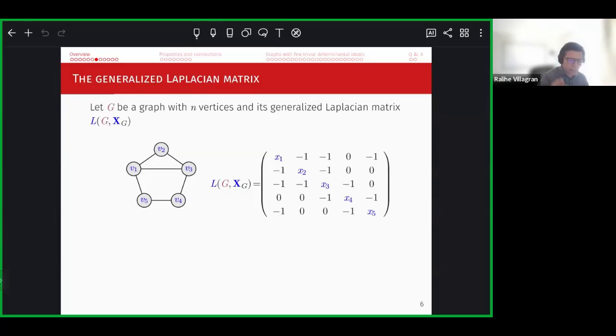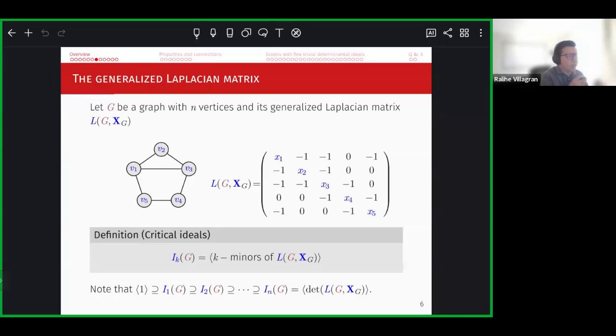What we do is take the diagonal matrix given by n variables, and then we subtract the adjacency matrix. So instead of writing the degrees in the diagonal as with the normal Laplacian, we write variables.